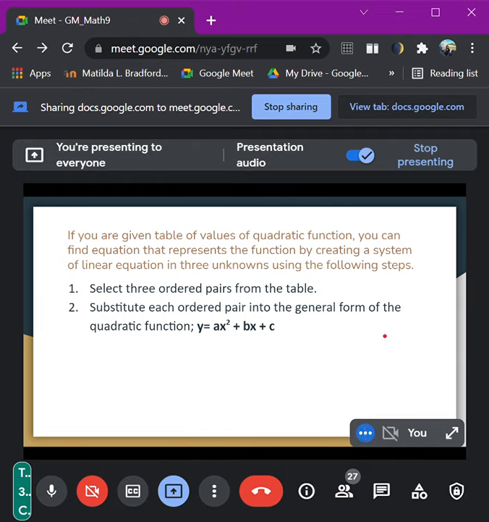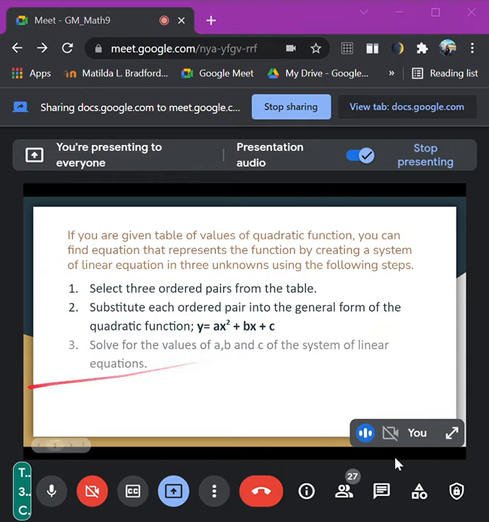Thank you. So what you got in your three ordered pairs from your table, you will substitute into the general form of the quadratic function. So if you can still remember, this is the general form: y is equal to ax squared plus bx plus c.